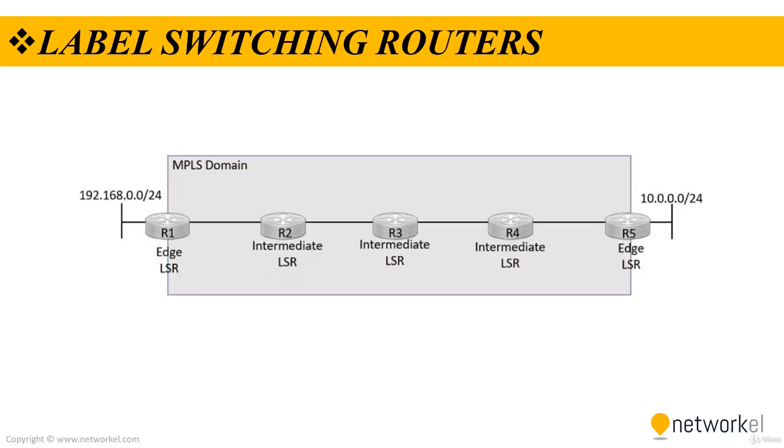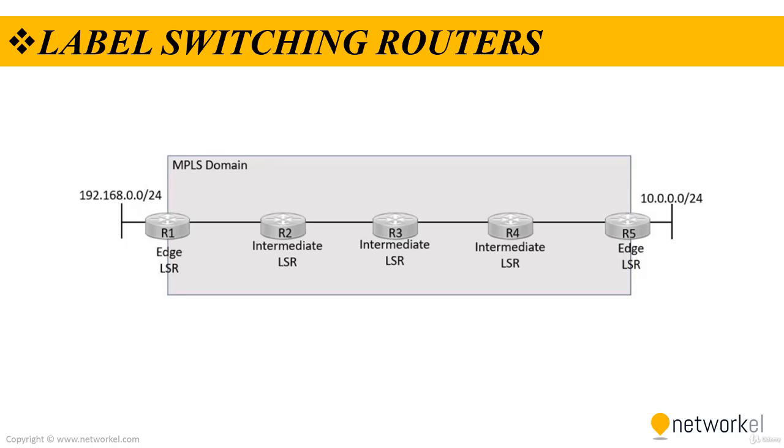Let's go ahead with the label switching routers, LSRs. So, routers R1 through router 5 are part of the MPLS domain you can see on the screen. They are known as label switching routers because they support MPLS. They understand MPLS labels and can receive and transmit labeled packets on their interfaces.